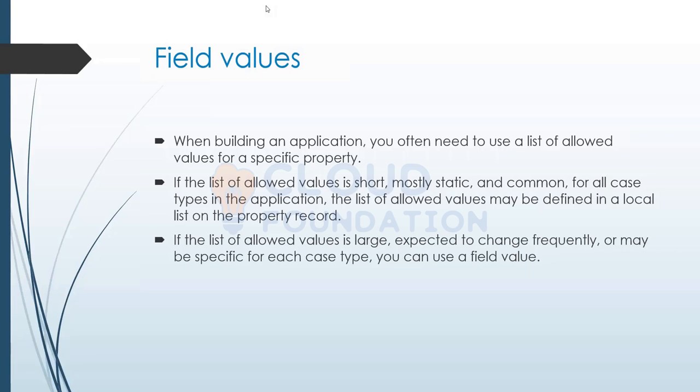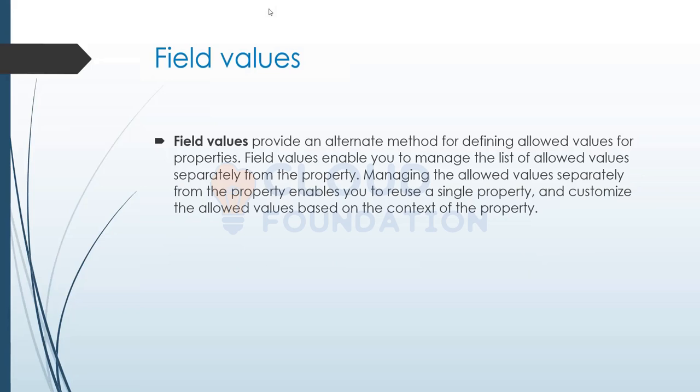Instead of the local list, we use an alternate method called field values. Field values are a root type, separate entities. Instead of having the values associated to a property, we create them as separate entities that I can manage.